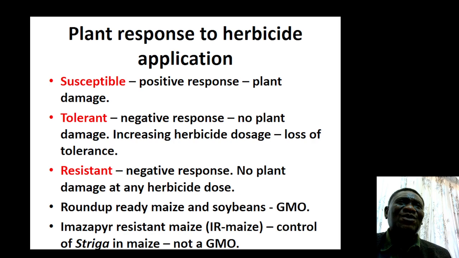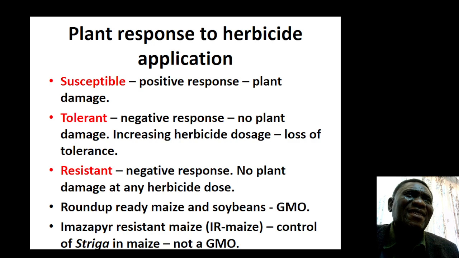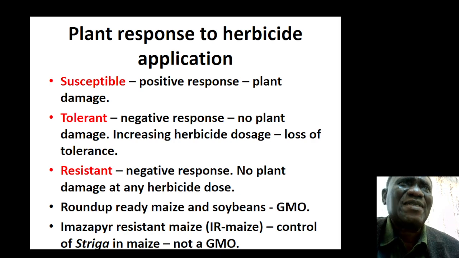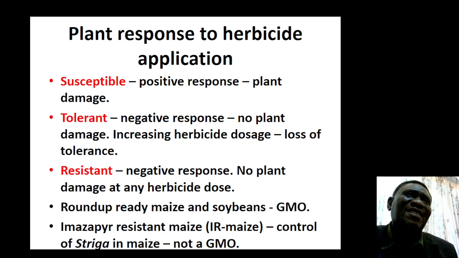Some plants may not die. These are tolerant plants, so the response is tolerance, or a negative response, no plant damage, but by increasing the herbicide dosage, we may have a loss of tolerance.